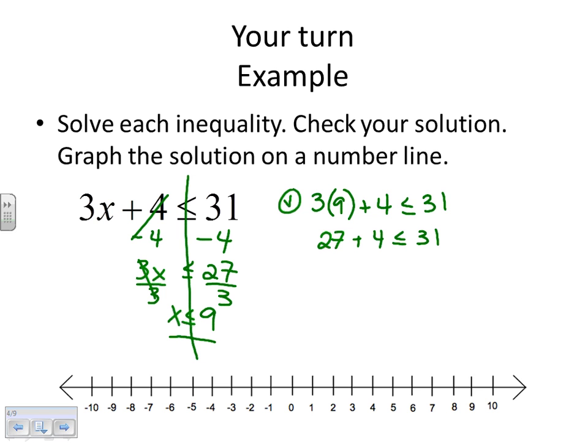And 27 plus 4 is 31, which is less than or equal to 31. It is, in fact, equal to. And then finally, the last part of our directions was to graph it. And I have x is less than or equal to 9. So we should have a closed circle on 9. And our graph is going to be pointing to the left.